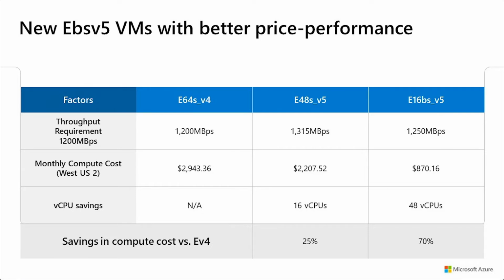With the latest EV5 series, you could get the desired throughput at even smaller size, 48 vCPU, which saves 25% in your compute cost compared to the EV4 series. But with the new EBS V5, the desired throughput can be achieved at 16 vCPU VM size, which is 4 times lesser in core count and saves 70% in compute cost compared to the EV4 series. That's a significant saving that you would get.